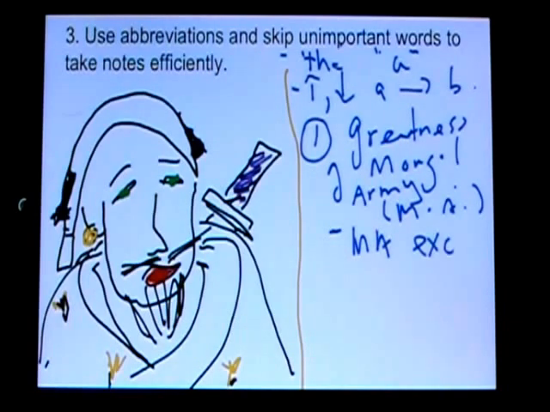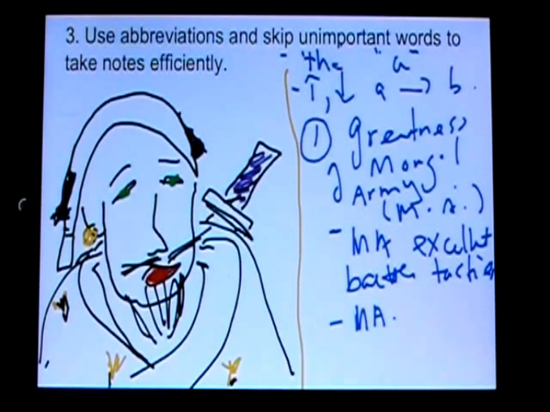The subpoints would be: MA had excellent battle tactics, and subpoint 2, MA never lost a battle.